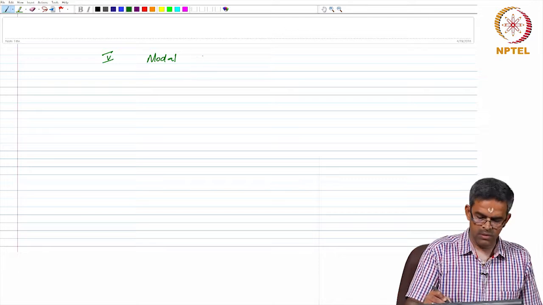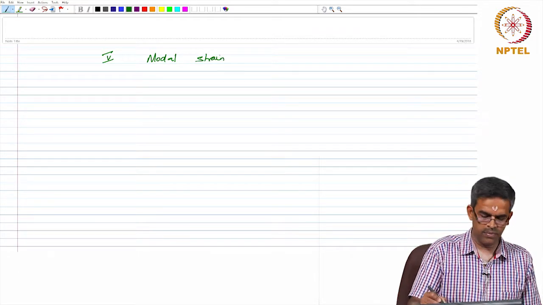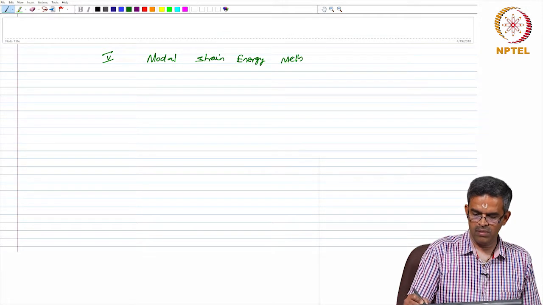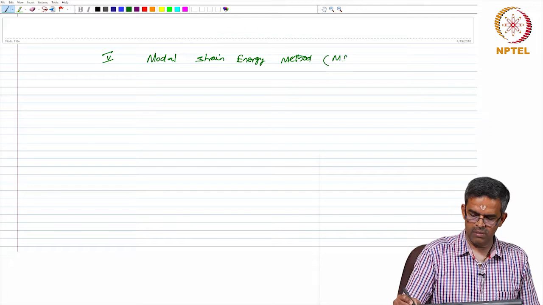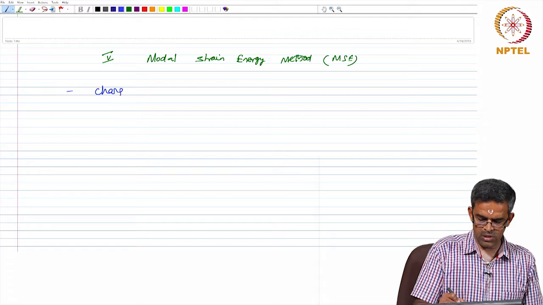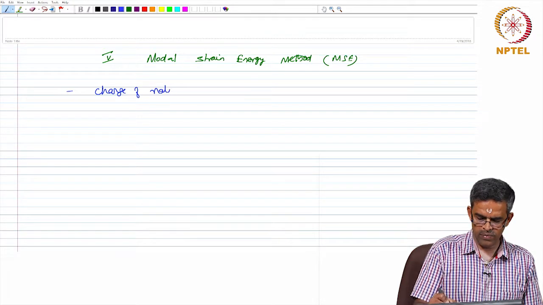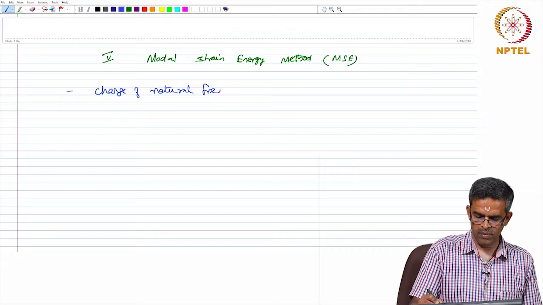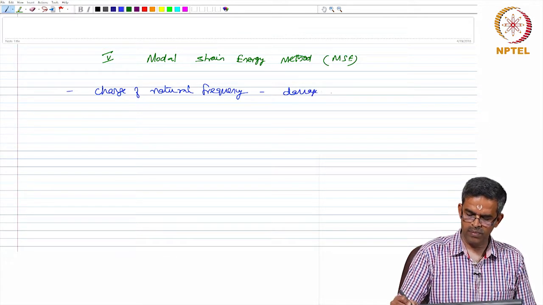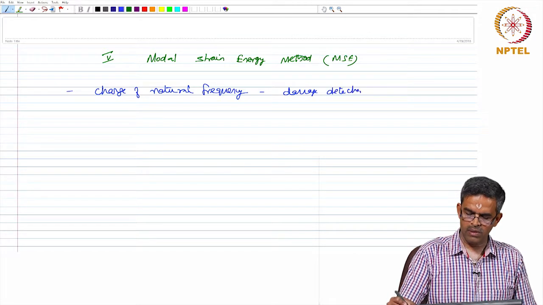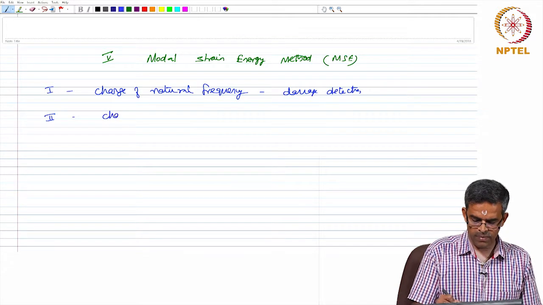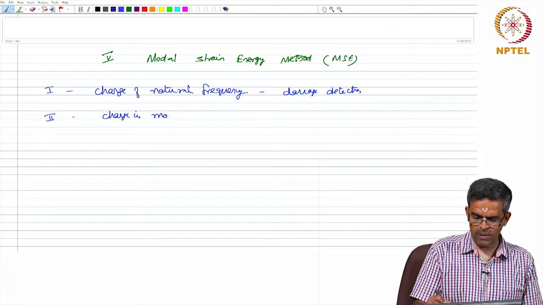Modal strain energy method, that is MSE. So far we have seen the method using change of frequency for damage detection. That is the first method we have seen. The second method is change in mode shape.